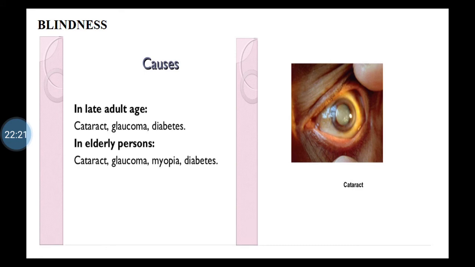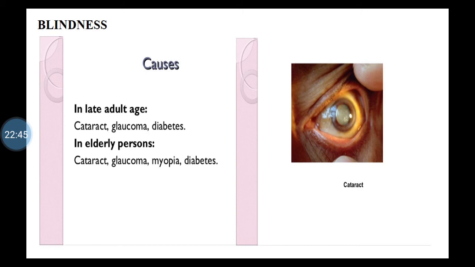They can also give rise to blindness. Then non-communicable diseases like diabetes, as I said, hypertension, tumor of the eye, cataract, glaucoma, that is increased intraocular pressure in the eyes. They may also be associated.